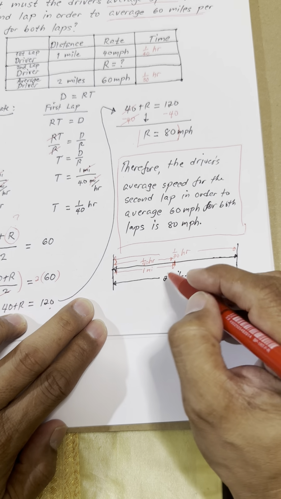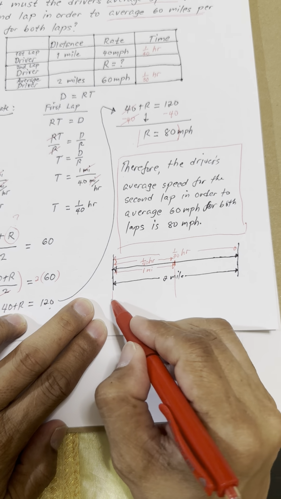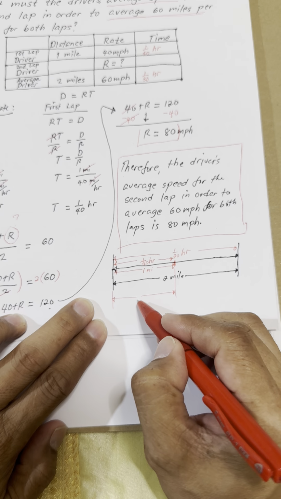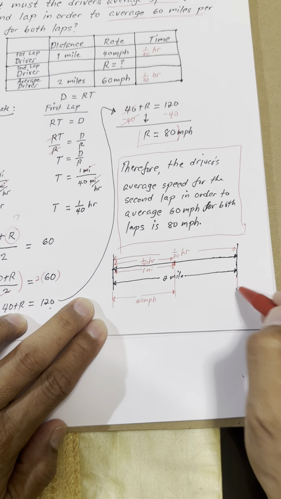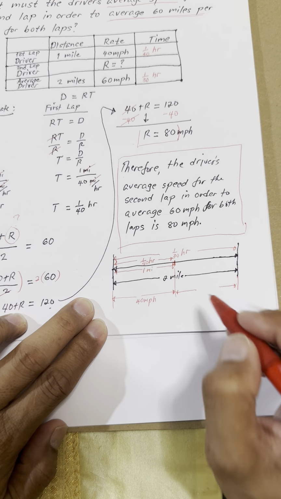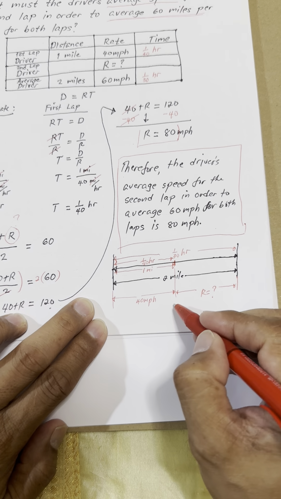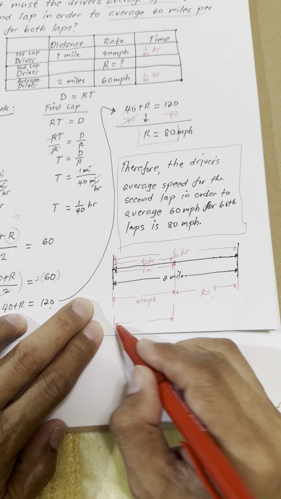Then there's a corresponding rate for this one, which is equal to 40 mph. So this is what we are asked for: the rate on the second lap, assuming this is the first lap, the distance covered for the first lap.